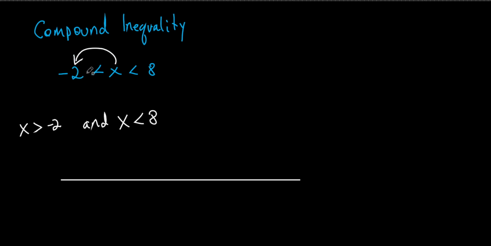So when I say x is greater than negative 2, I'm going to write x first, then my greater than sign, and then my negative 2. Saying negative 2 is less than x sounds, I don't know, it's just more complicated for me. I like the x on the left-hand side and then the number on the right. Let's just finish this up real quick and then we can think about it later.